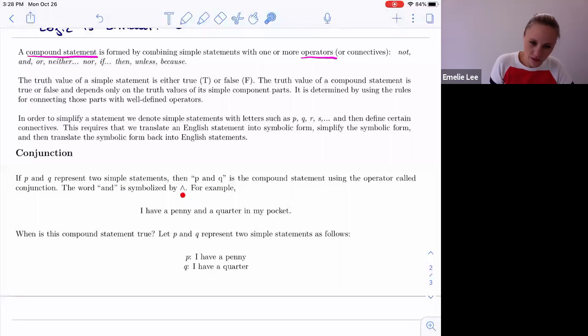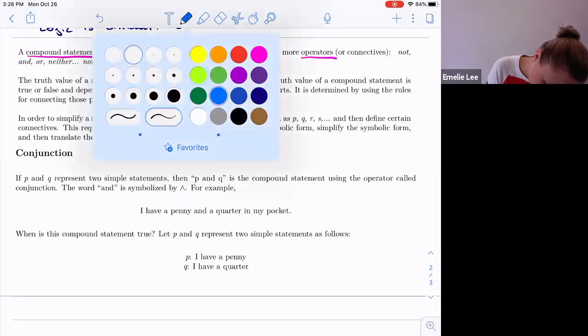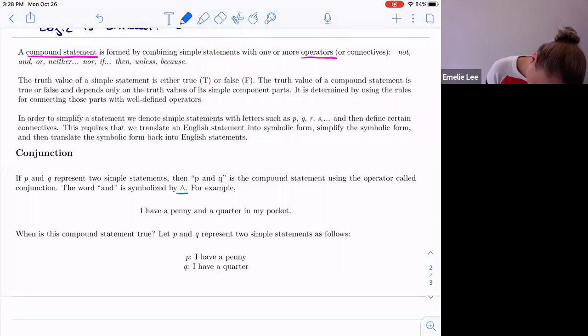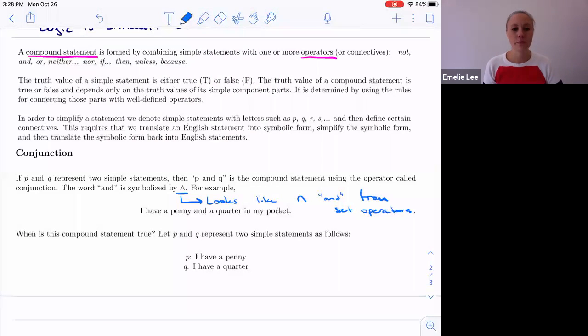It looks a lot like and in set operations, except now it's pointy, so that's logic, I guess.